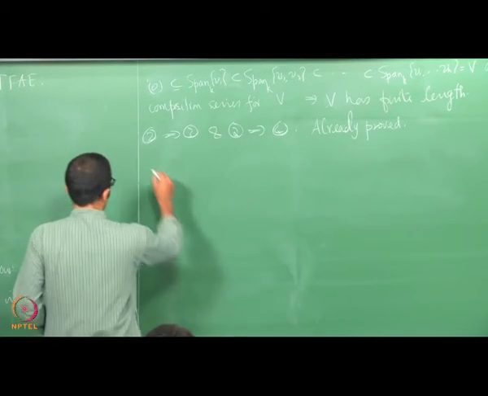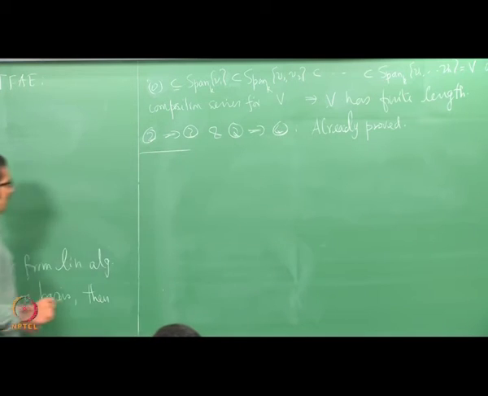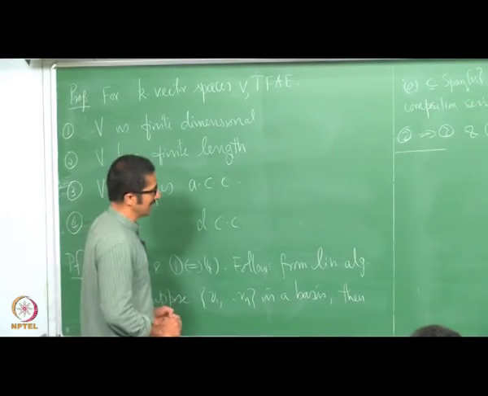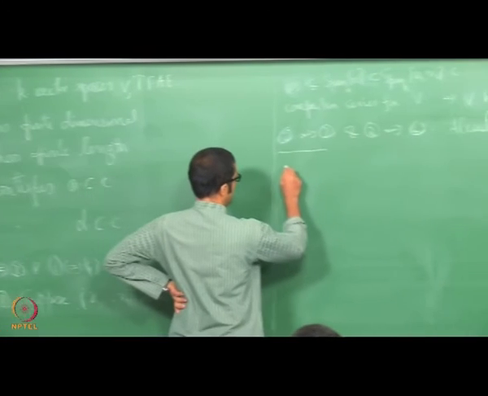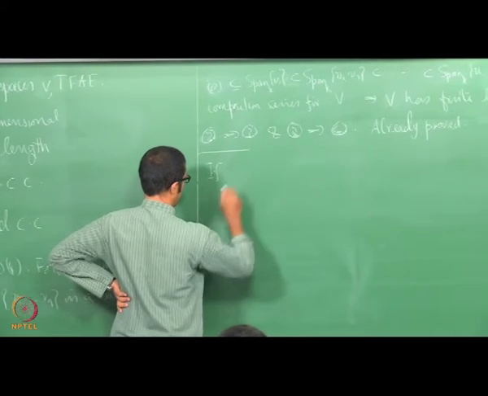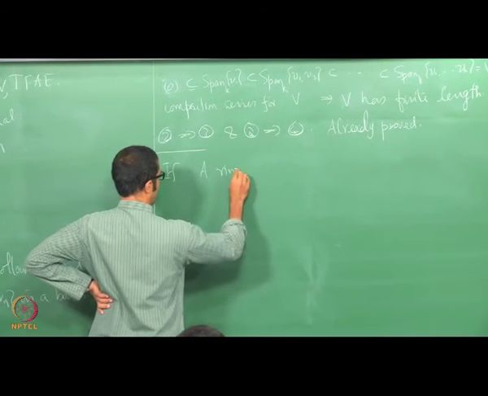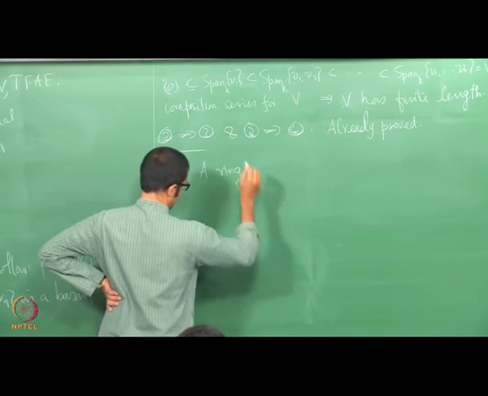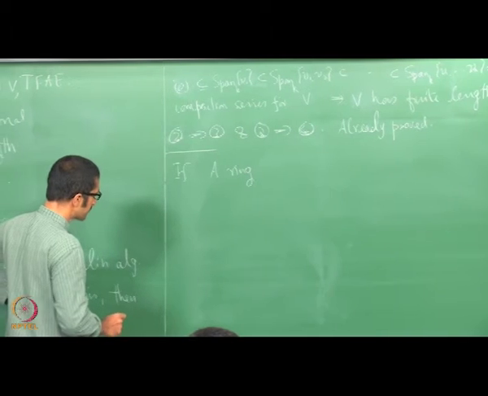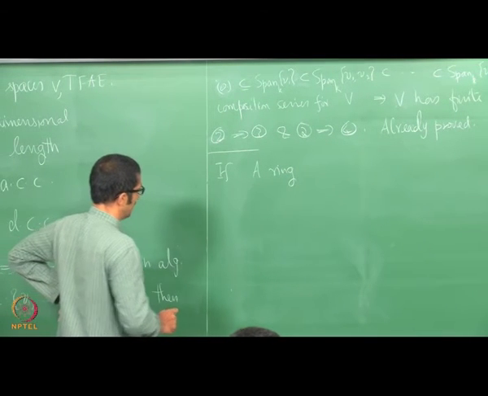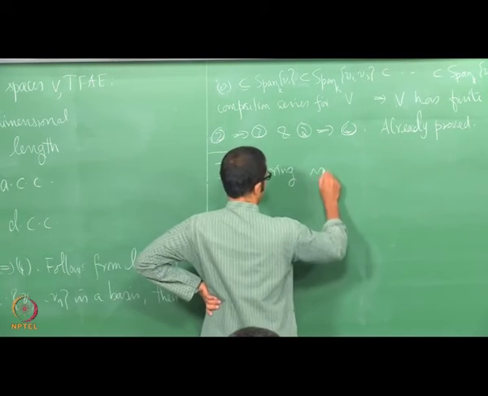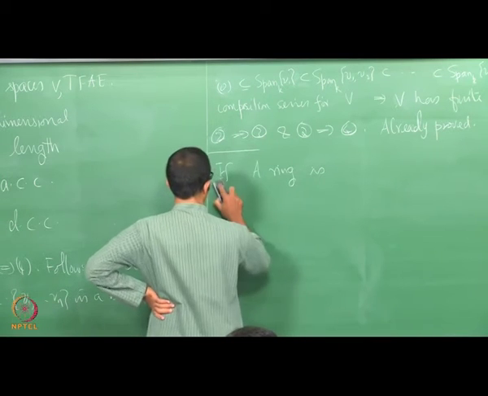So, see what we are seeing is that suppose your ring is Noetherian.